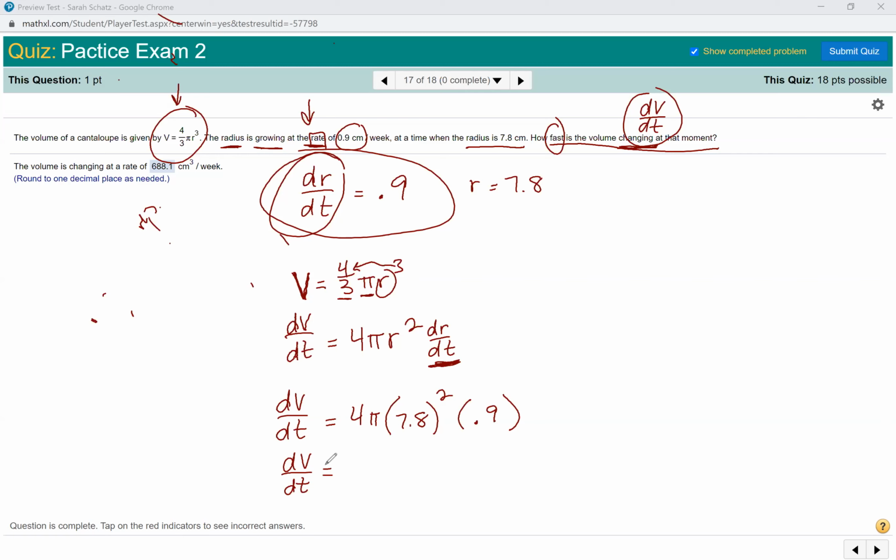So you guys, I've squared the 7.8. Now I'm going to multiply that by 0.9. And let's see, it does want it rounded, so I'm going to go ahead and now multiply that by 4 pi. And you can see what the answer is over here, but when you multiply all this together, you should get 688.1 because it says round to 1 decimal place.